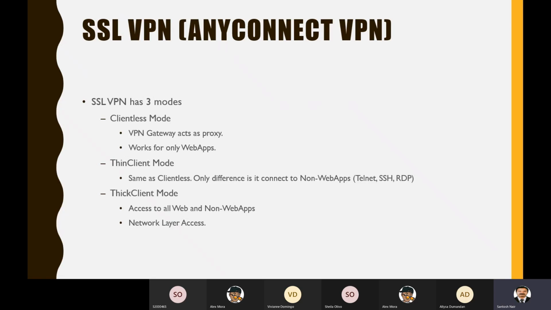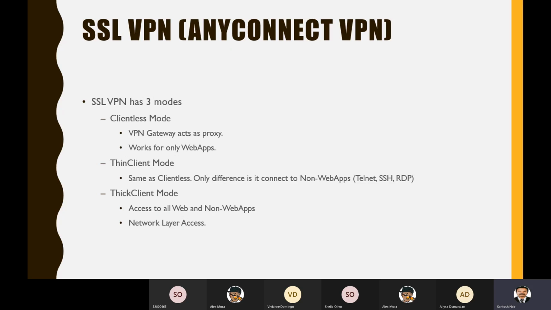So remote access VPN, we have three modes. Mainly when we say remote access VPN, it is SSL VPN that we are using. From the Cisco ASA perspective, in SSL VPN, we have three modes. One is clientless mode, another one is thin client mode, and thick client mode.